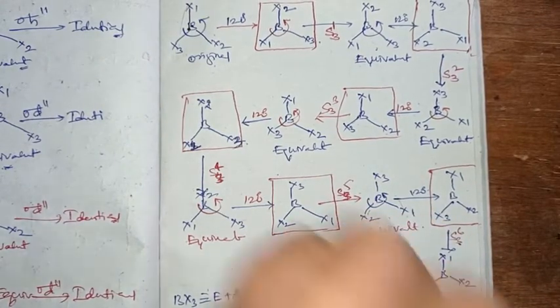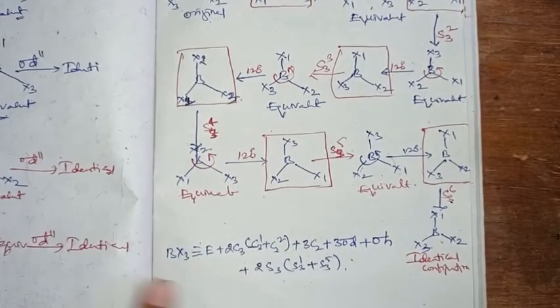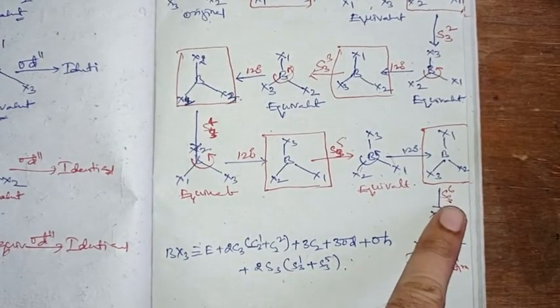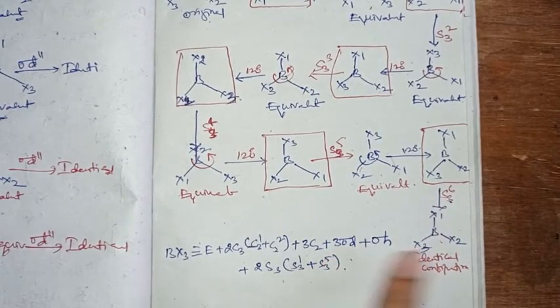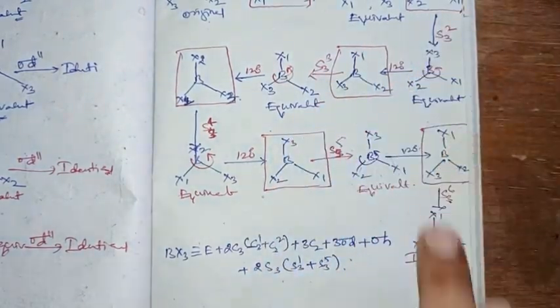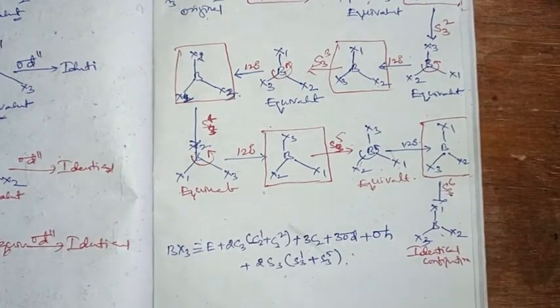So why like that, in the coming classes you will come to know. But here you say that there will be only 2 improper axes. It will never be 6 improper axes. This confusion will be revealed in the coming classes, right? Here you conclude that there are only 2 improper axes, right?